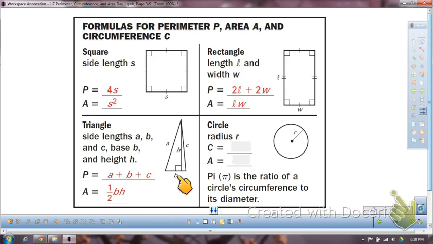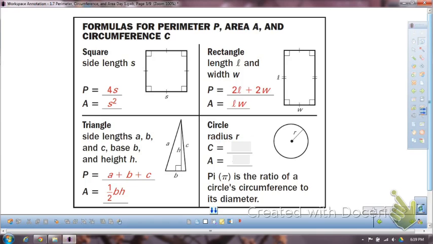And the base is the only side that's connected to the height by a right angle. Now sometimes a special case of this is when you have a right triangle, and then 2 of the sides will be connected with the right angle marking or a perpendicular marking. In that case, you can consider either one the base, and then the other would be the height.